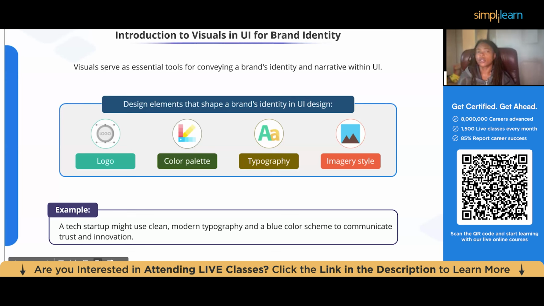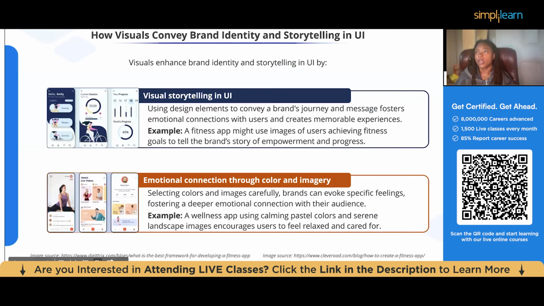And you want to make sure that you're keeping these consistent within each particular category throughout your design, that they match up well together and speak together nicely. For example, a tech startup might use a clean, modern typography and a blue color scheme to communicate trust and innovation.